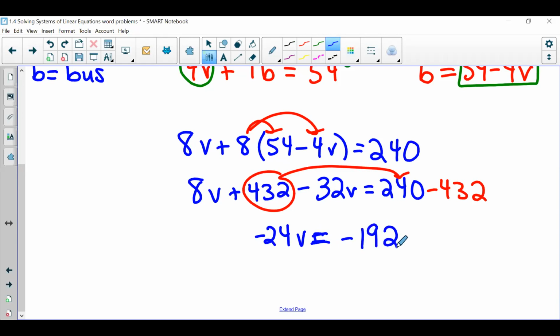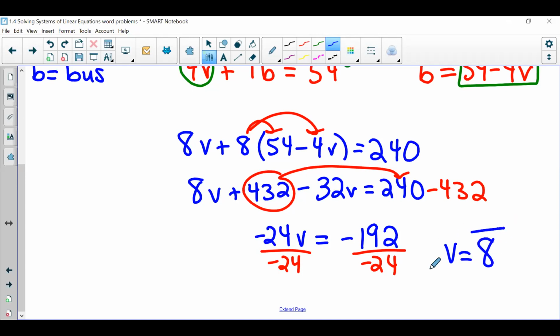And then you're gonna want to divide negative 192 by negative 24, which is gonna be negative 8. Or positive 8. Sorry, positive 8.